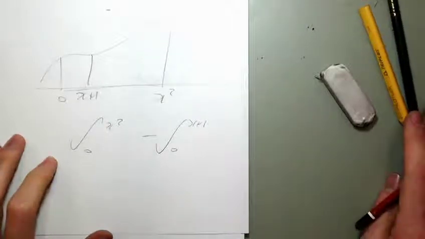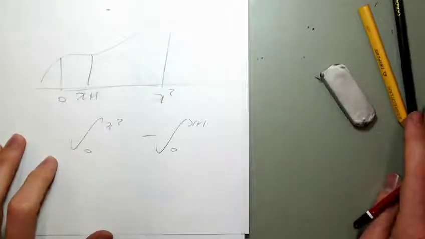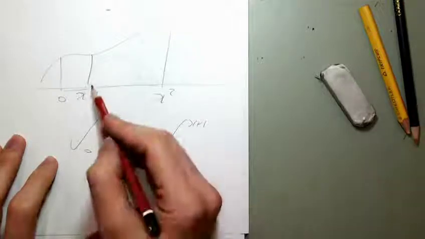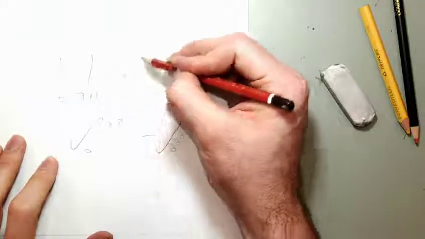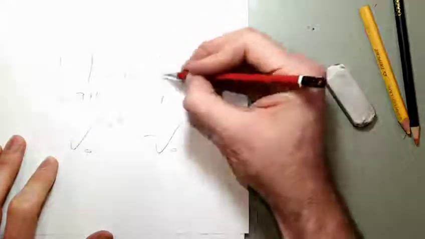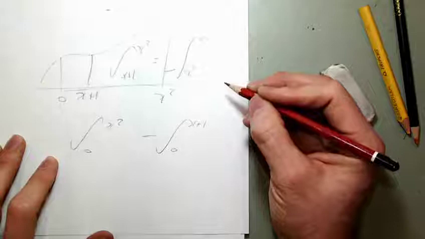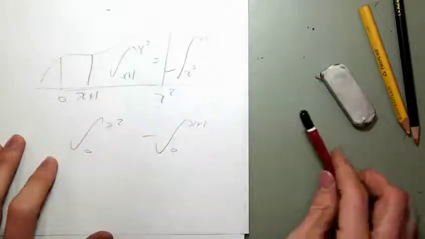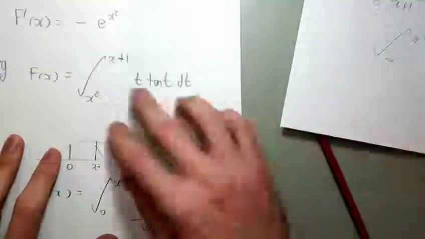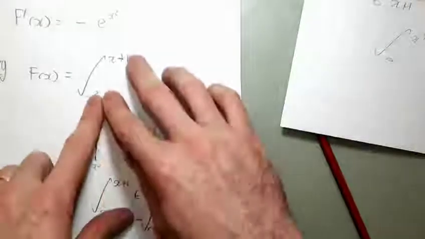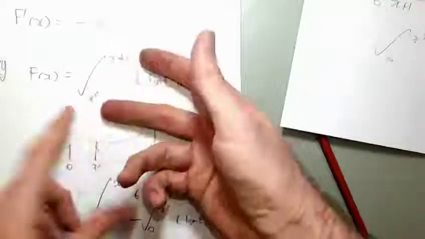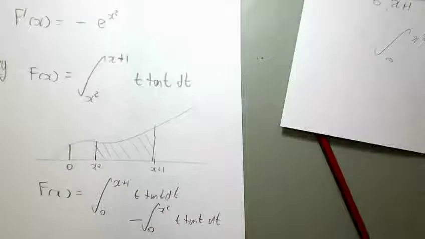The answer would have come out the same because this integral here is actually the integral from x plus 1 to x squared, which is minus the original integral because it's the wrong way round. So if maybe the x squared is bigger, that means my integral is the wrong way around to begin with. So I flip it over and it becomes a minus, and all the minuses cancel and it all turns out the same anyway.